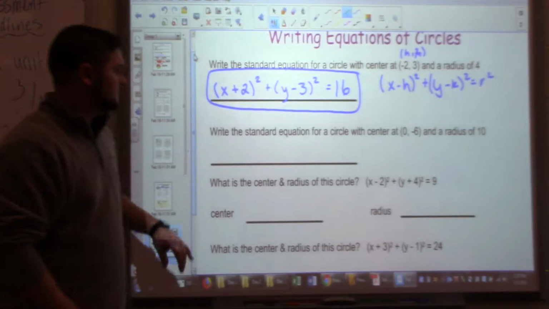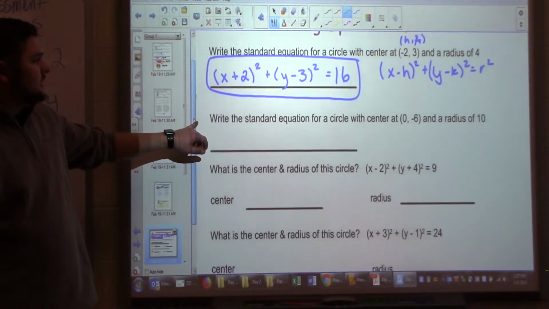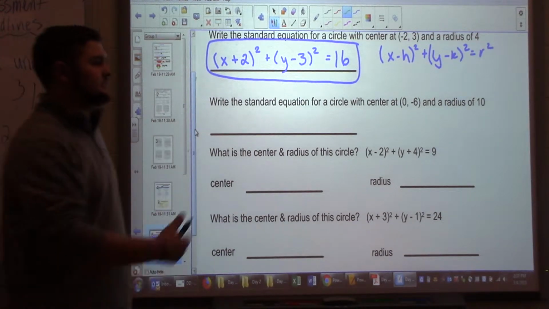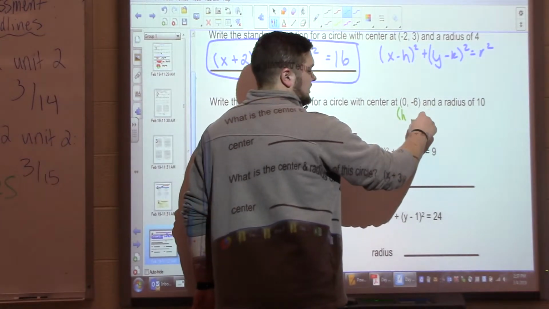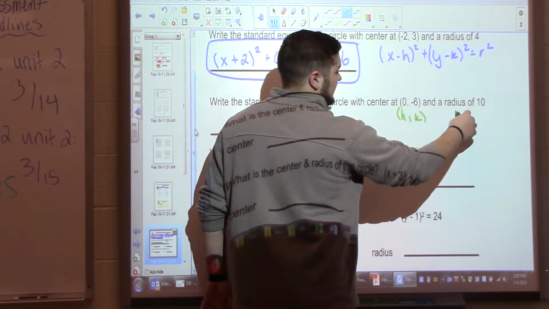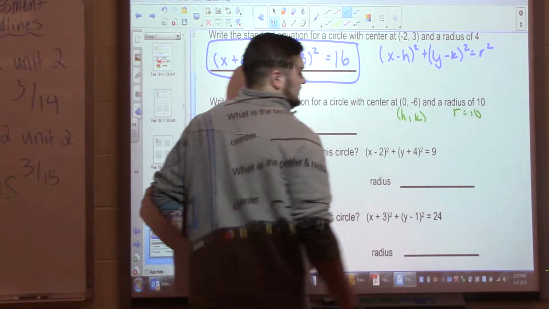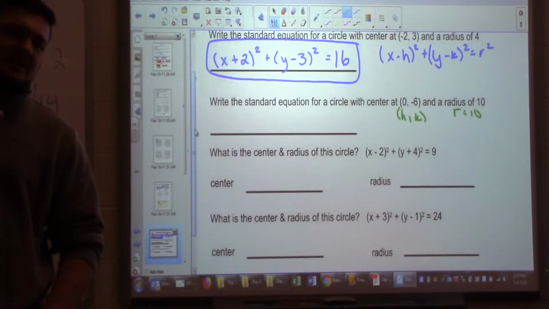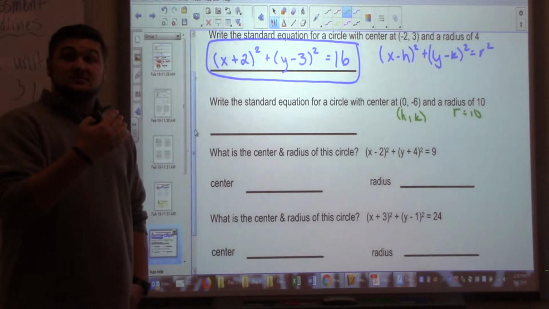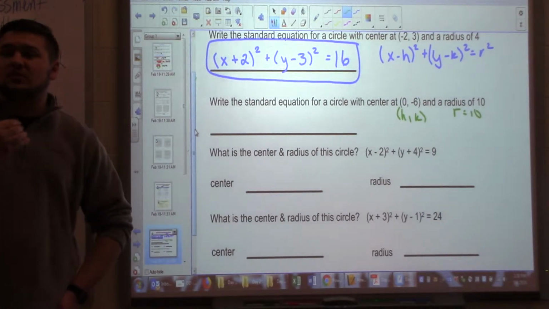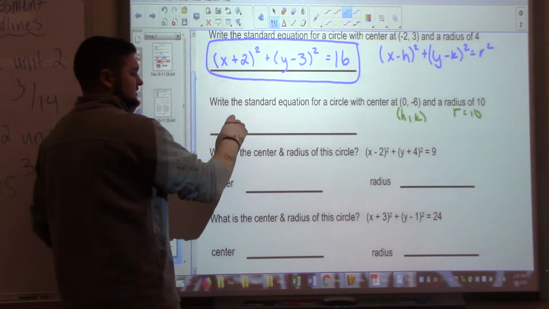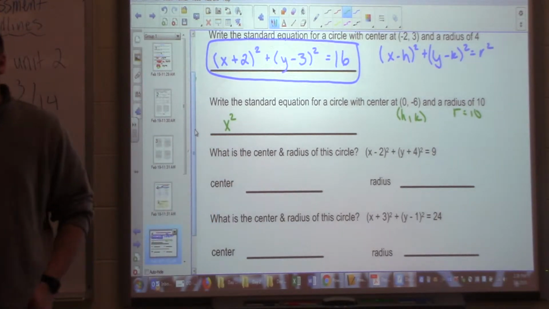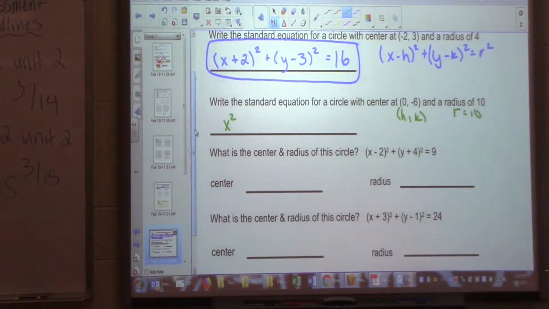Okay, second one. Standard equation for a circle centered at 0, negative 6. That's my h and k. Radius of 10. If I have an h of 0, do I need to put x minus 0 on there? No. I won't get it marked wrong if I do, but I can just write that as x squared, because x minus 0 is the same as x.